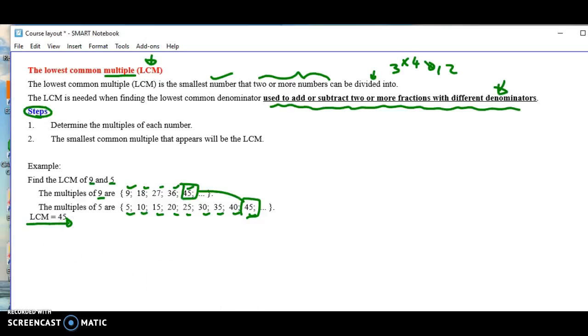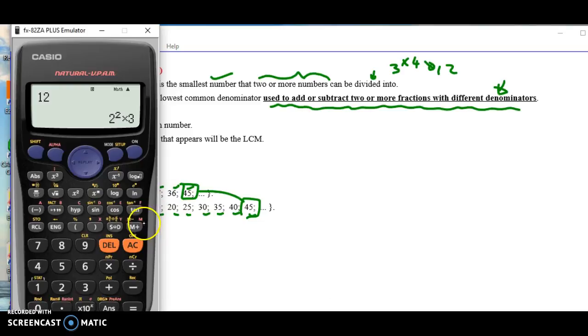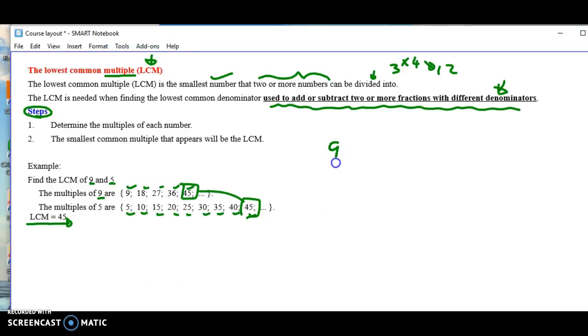But of course, again, there's an easier way of finding that. If we just say, I want to find the prime factors of 9, then 9 is equal to 3 times 3. Now I need to find the multiples.